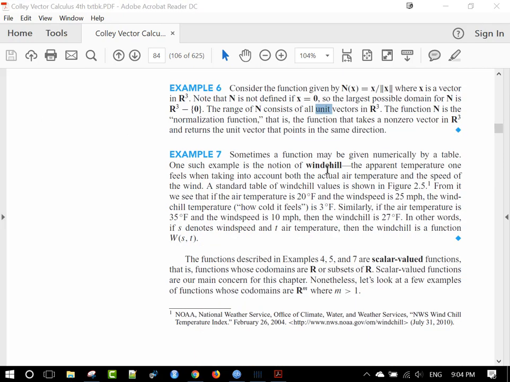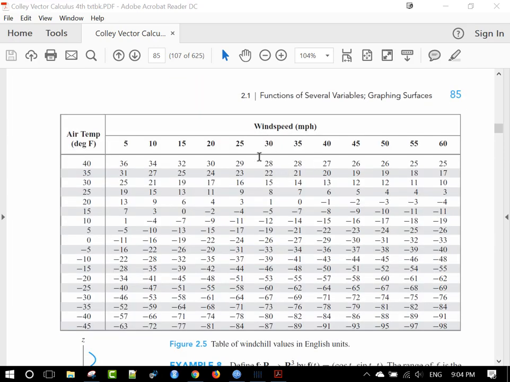Okay, they also say that sometimes a function isn't necessarily given by a formula, it could just be given by a table. So this is wind chill. If the temperature is actually 40 degrees, they're talking about Fahrenheit, but if it's windy, it'll feel colder.